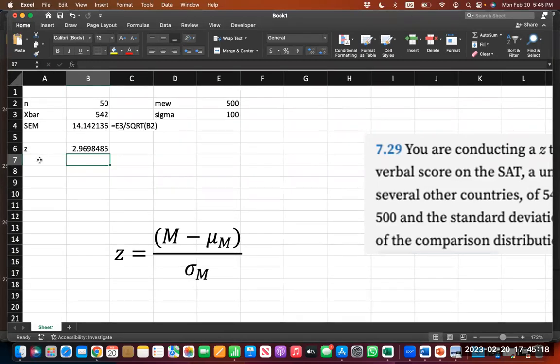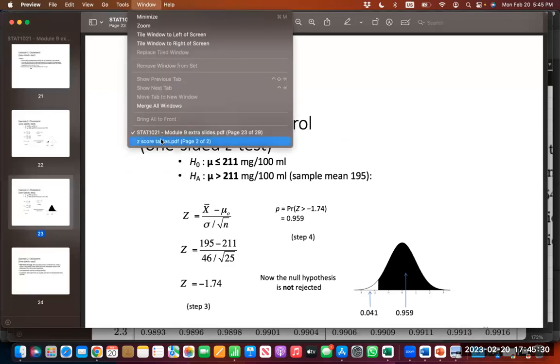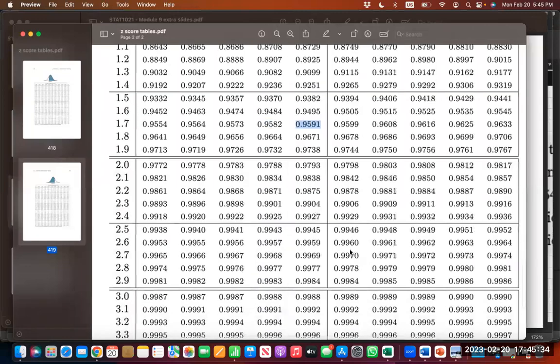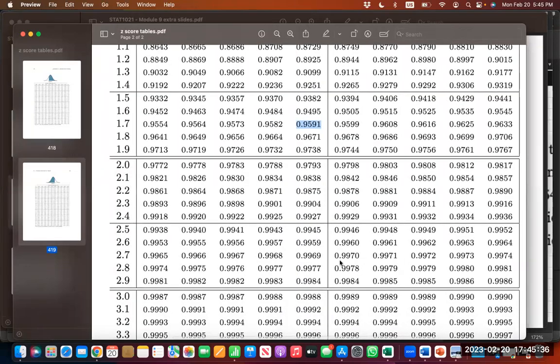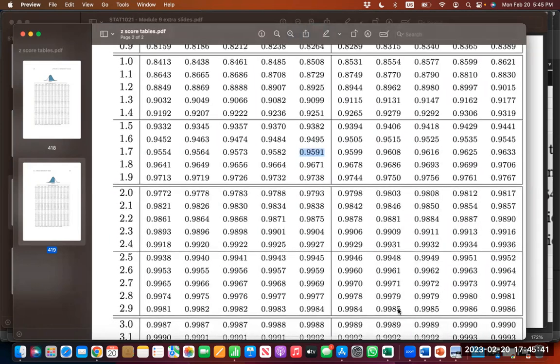So our z of 2.96 is now a p one-sided. 2.96 from the z score table. 2.96 on the z score table is this one, is 0.9985.